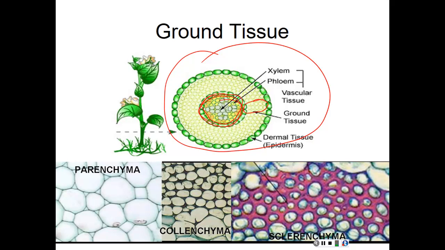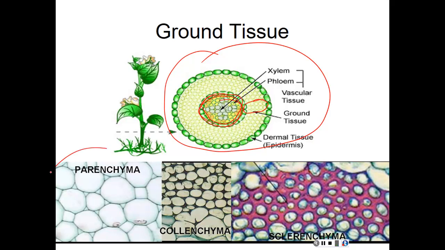But we see three major types of cells in all of our tissue types, actually, that I want to talk about. We're going to look at these a little bit in lab. There are what we call parenchyma cells, collenchyma cells, and sclerenchyma cells. And I know it sounds like I made those names up. I swear I didn't. That's what they're really called.